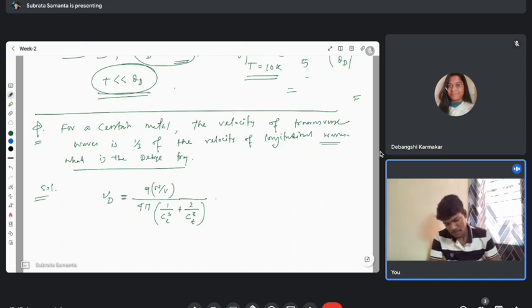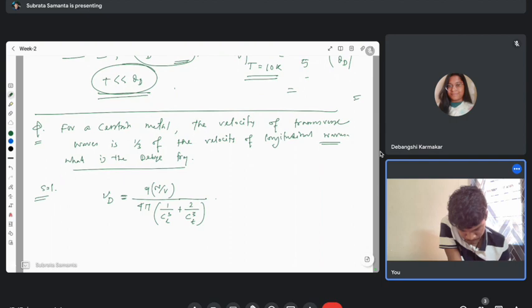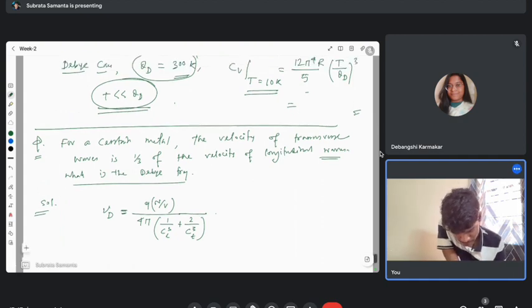Okay, so let's check the dimensionality: n by v, the frequency and the velocity. Yes, I think there is a cube.